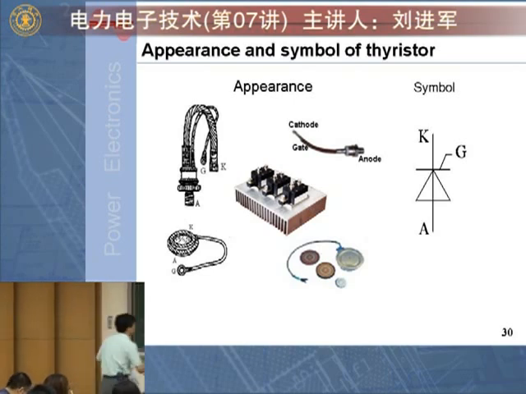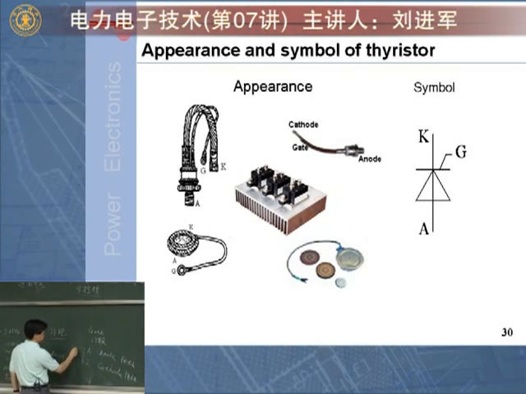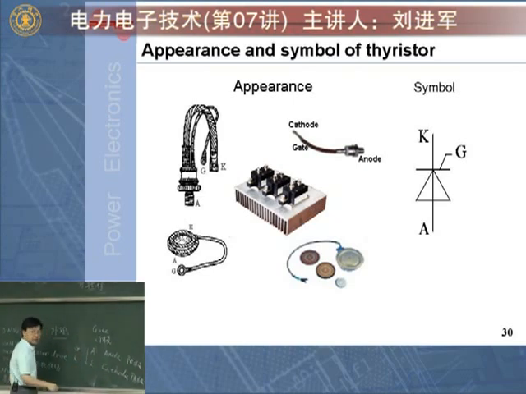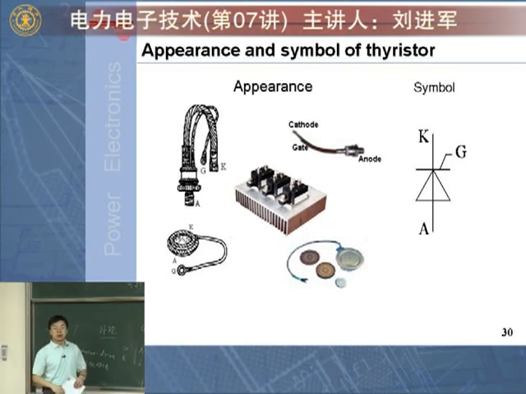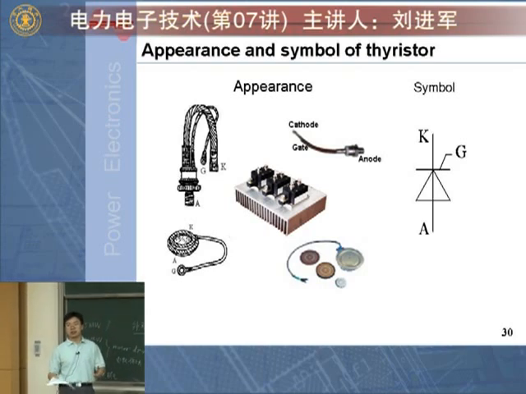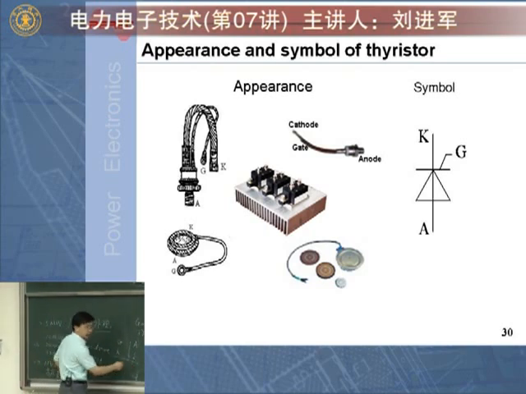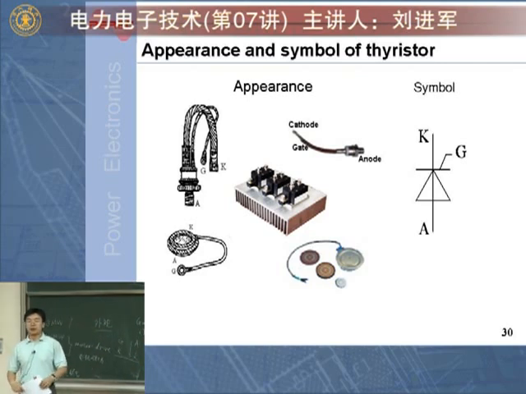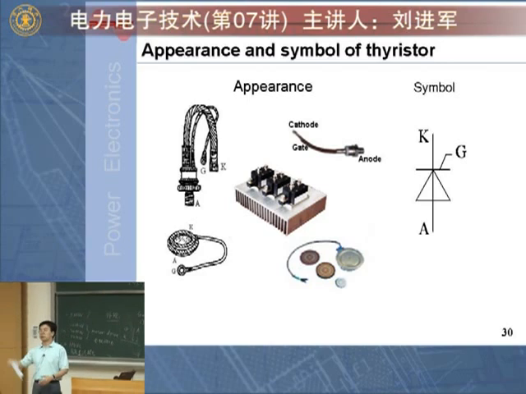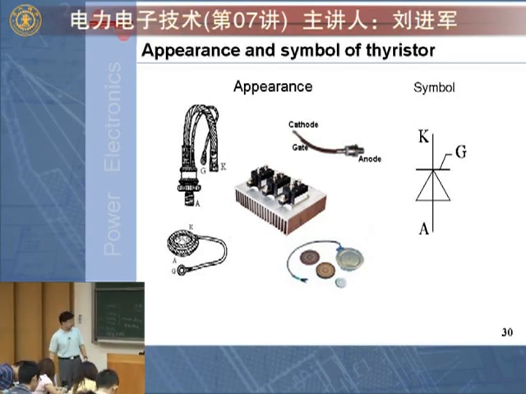Those are the two terminals for control signals, G and K. When you want to control thyristors, you apply this signal across G and K. So terminal K is the common terminal we mentioned before, because terminal K is used both for the main circuit and also for the control circuit.